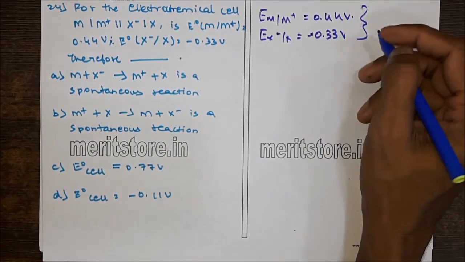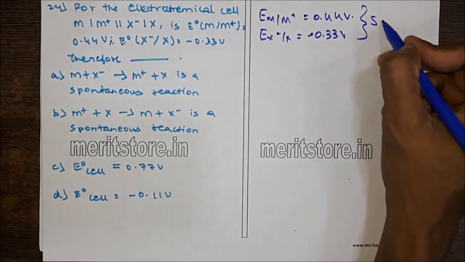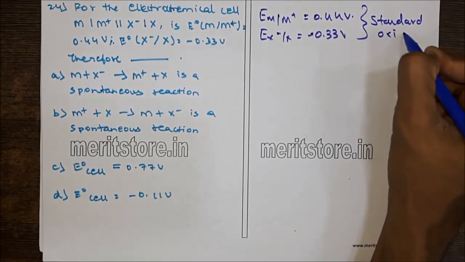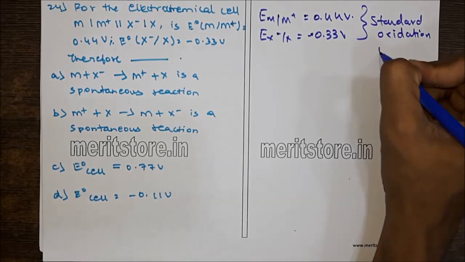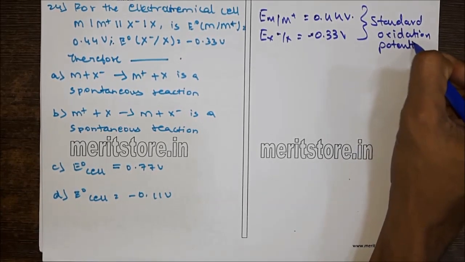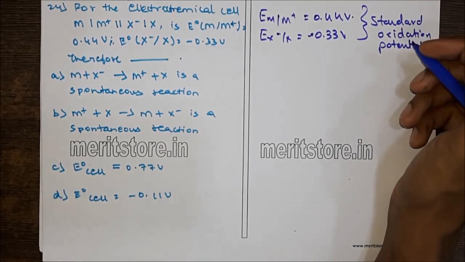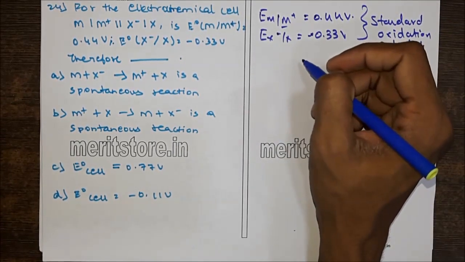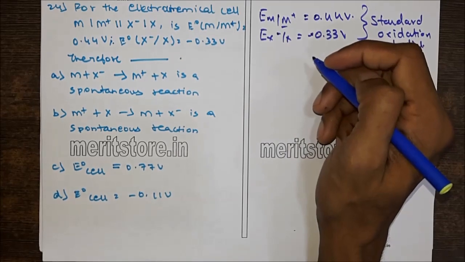So this is the standard oxidation potential. M has a higher standard oxidation potential value, hence it will get oxidized while X will get reduced.